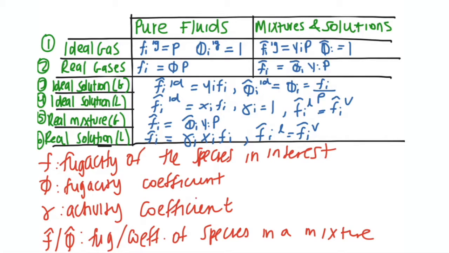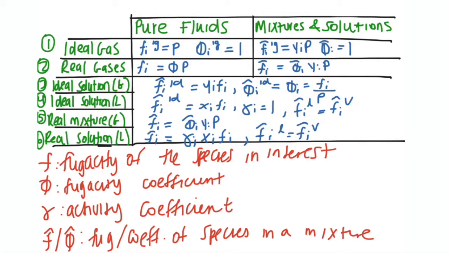Once you've decided if you have an ideal gas, real gas, ideal solution of a gas, ideal solution of a liquid, mixture of a gas, real solution of a liquid, things like that, which you're going to be able to find out from when I talk to you about assumptions later in the video, then you can look here on the left-hand side of my table and decide if you have a pure fluid or a mixture solution. Mixture solution is for my 3 to 6 over there.